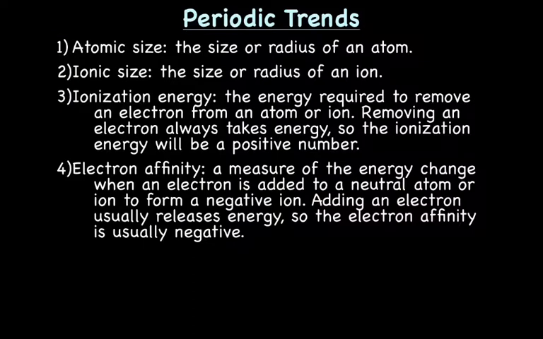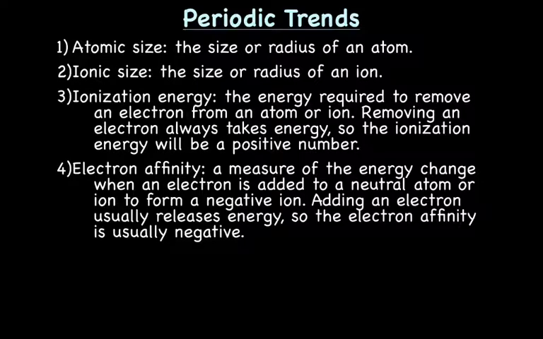All right, next we have electron affinity. Electron affinity is the measure of the energy change when an electron is added to a neutral atom or ion to form a negative ion. Adding an electron usually releases energy, so the electron affinity, the number, is usually going to be negative.